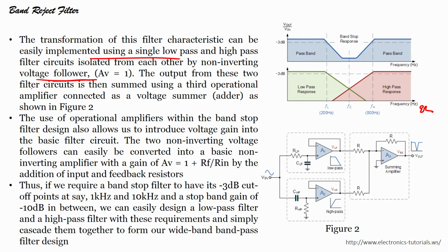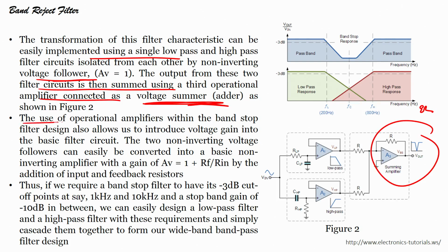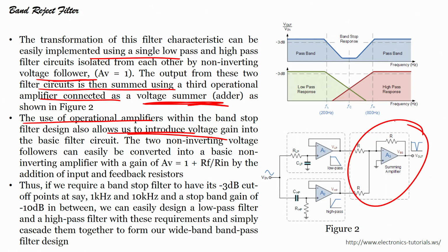The outputs from these two filter circuits are summed using a third operational amplifier called a voltage summer, which you can see here. The use of operational amplifiers within the band stop filter design also allows us to introduce voltage gain. Because we have now used the amplifier, we can also amplify the signal.